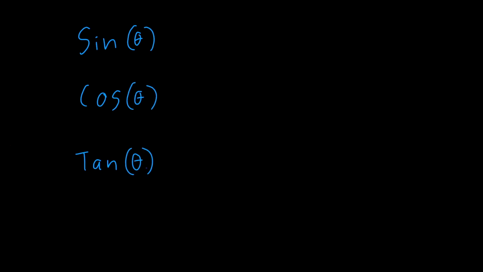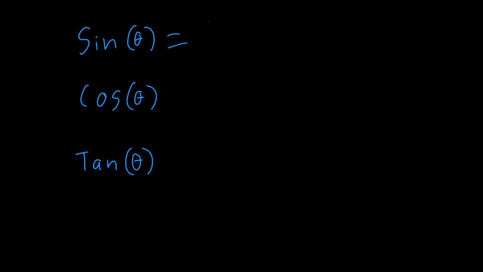Let's talk about our inverse trig functions. The three standard trig functions that we work with, sine, cosine, and tangent, have definitions where the sine of theta, cosine of theta, and tangent of theta are all proportions or ratios of different parts of a right triangle.